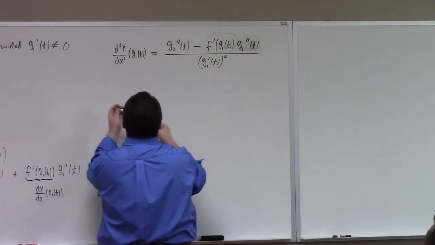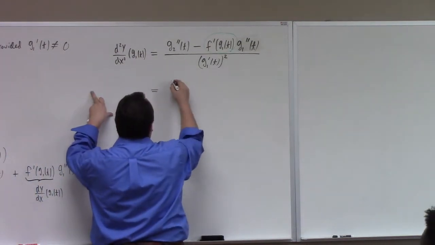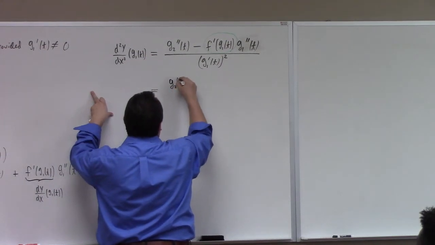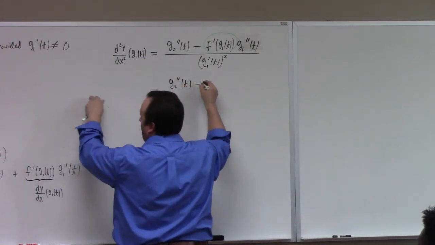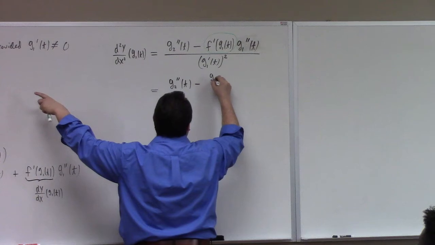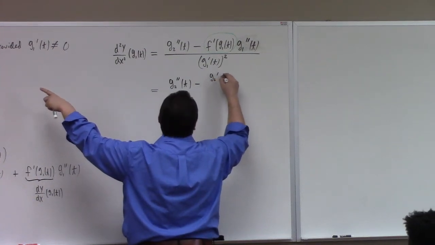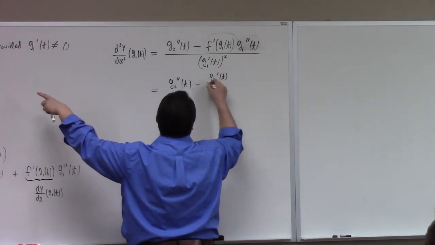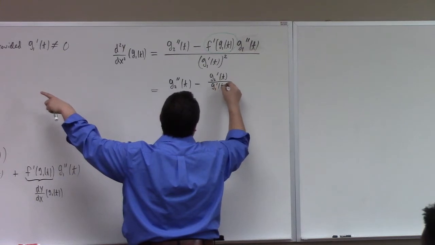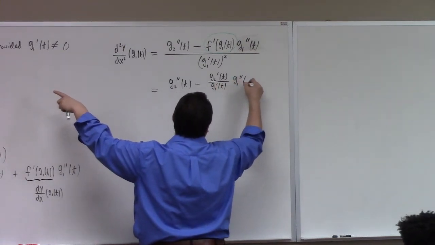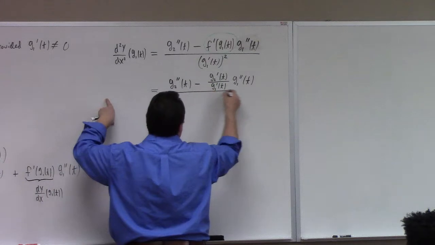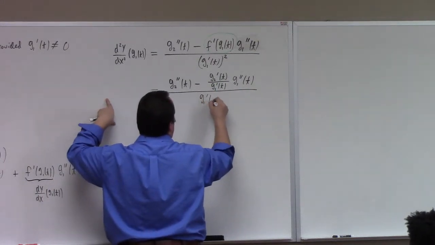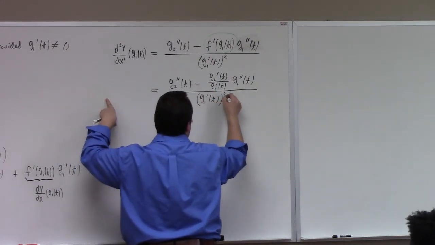So this is actually equal to g2 prime prime of t minus g2 prime of t over g1 prime of t times g1 prime prime of t, divided by g1 prime of t squared.